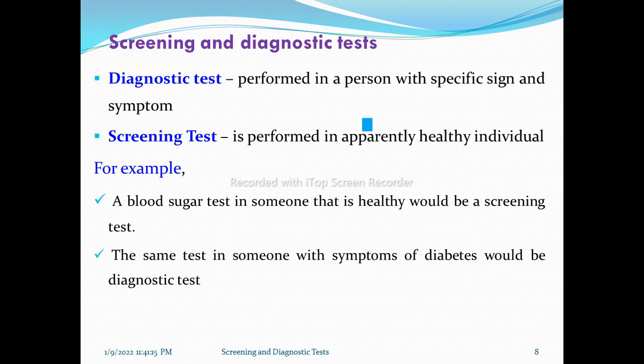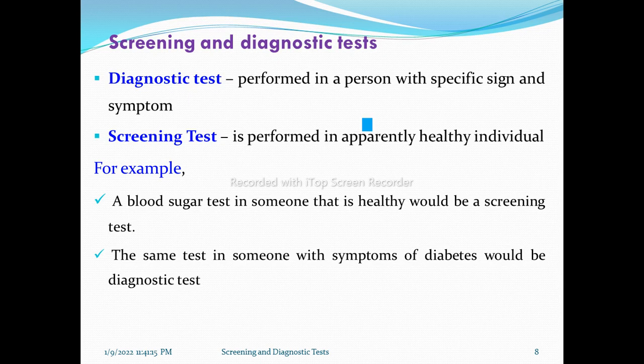So what is the difference between diagnostic and screening tests? That's what we have seen. A diagnostic test is performed in a person with specific signs and symptoms, that means in an ill or diseased person. That means a diagnostic test happens at the clinical stage of the natural state of disease. The other is the screening test.